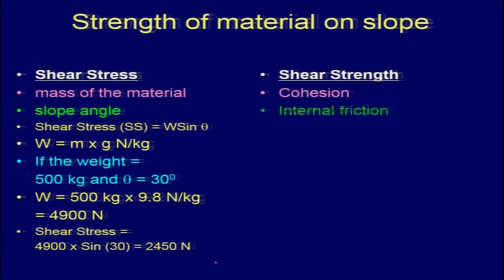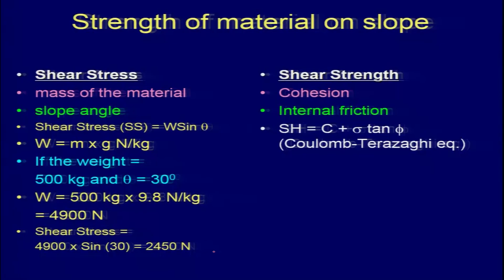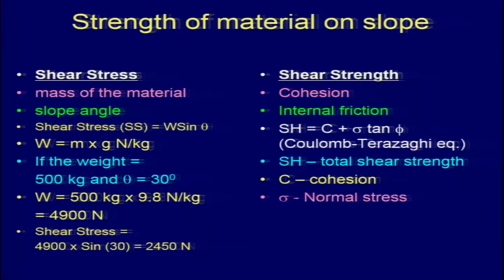And for the shear strength, we need to take cohesion and the coefficient of internal friction. So, you have the shear strength, which we were talking about in the Coulomb-Terzaghi equation, where C is the cohesion, sigma is the normal stress, and phi you are taking as the coefficient of internal friction.